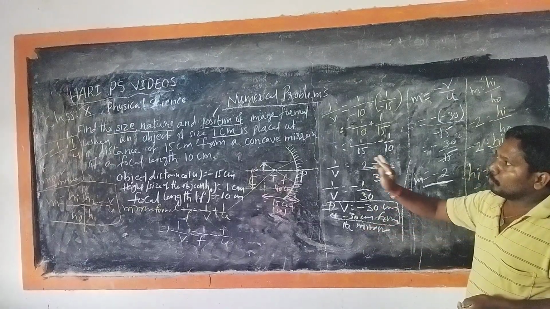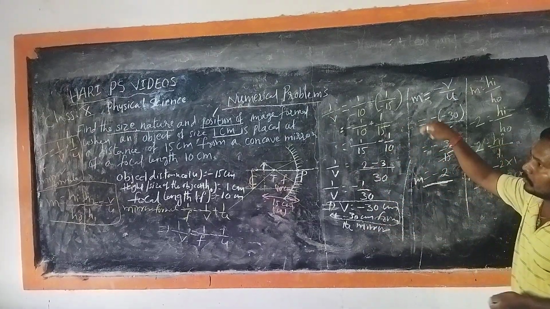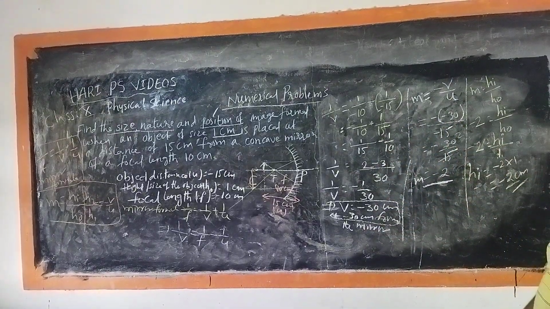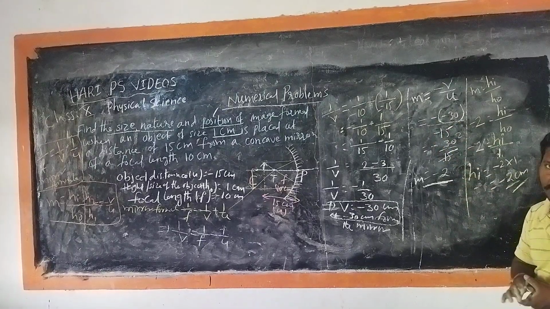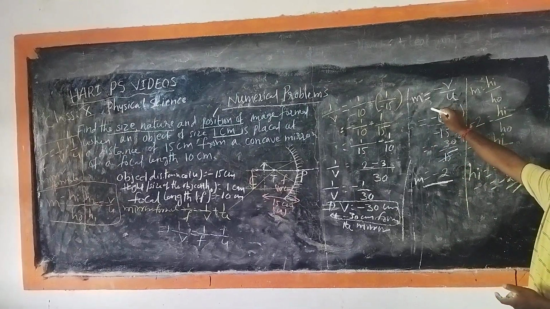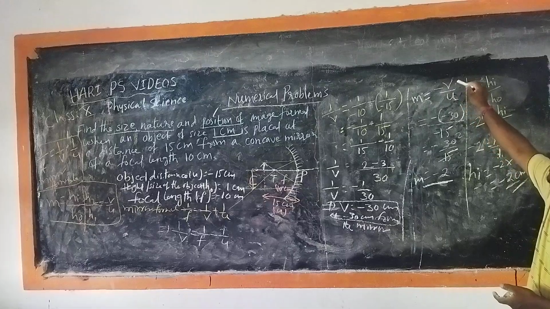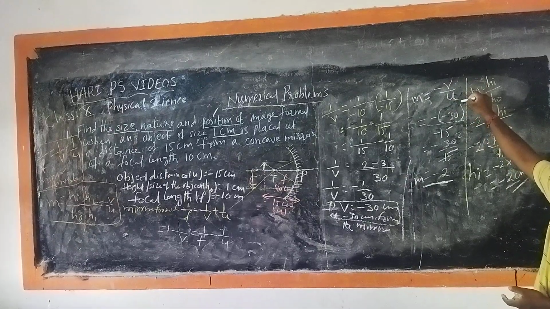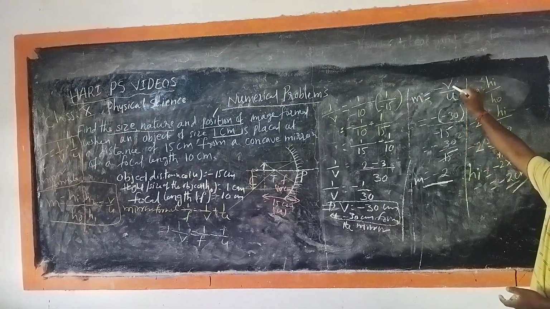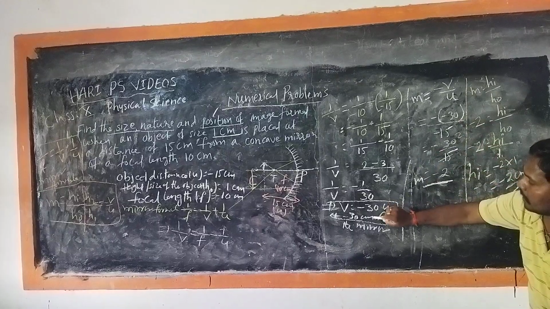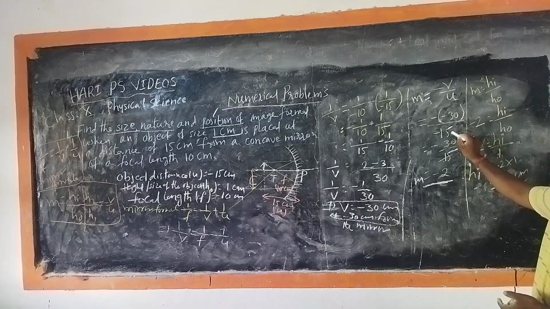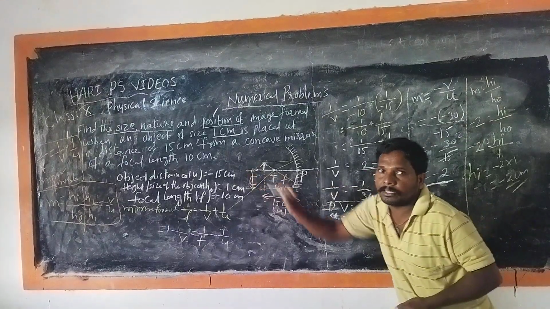So we know the position and the size of the object, and now the magnification. To measure the magnification, we take m equal to minus v by u. We know the v value is minus 30, which we have calculated, and the u value is minus 15, already given in the problem.